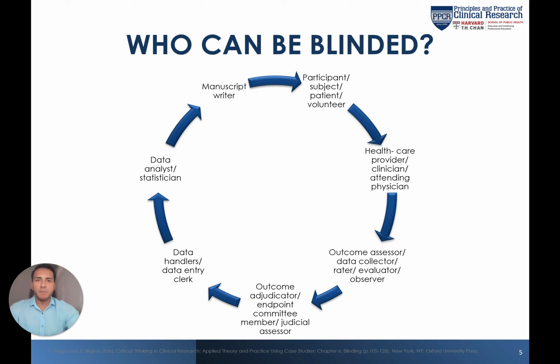And such preconceptions may cause intentional or unintentional influence on how study personnel conduct their parts of the trial, which eventually may cause influence on how the final data are collected or analyzed and what the final results might be. And so, as you can see on the screen, almost everyone can be blinded, from the ones who receive the trial intervention to the ones who write a paper with trial results.